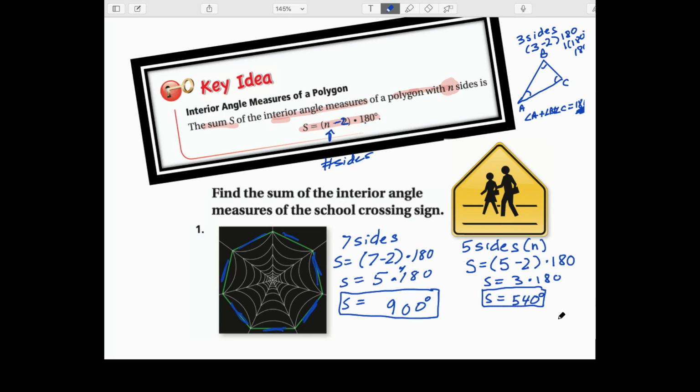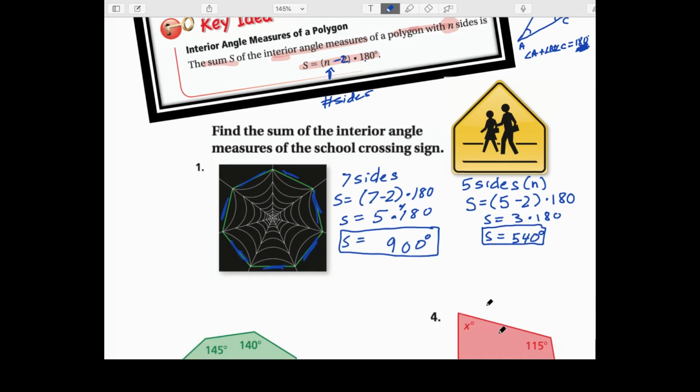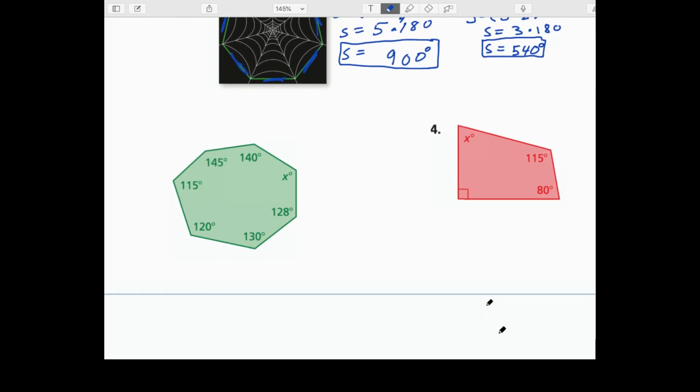Okay. So one last example of how to use this. We know now that if we add all of the interior angles together, it's going to be 900 or 540. So what's another application? Some of the problems are simply going to ask that. But you have to find the missing angle.